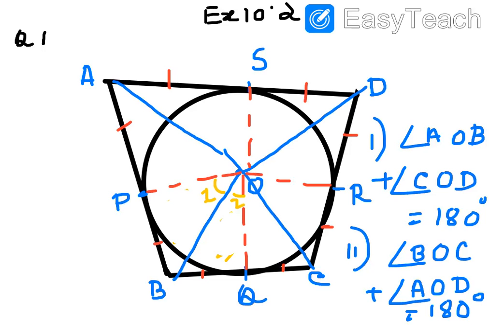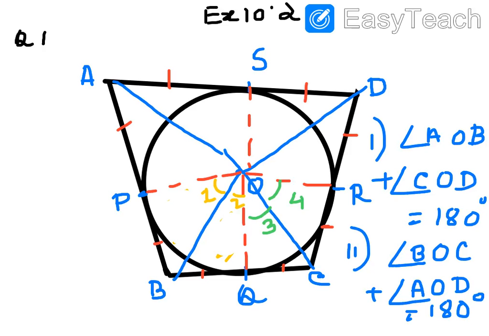Angle 2. Now, in the same way, we can say that angle 3 and angle 4 are the same. Why? Because here we have taken two triangles, triangle COQ and triangle COR.